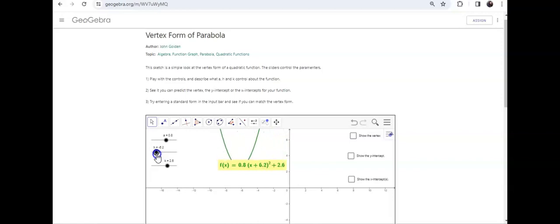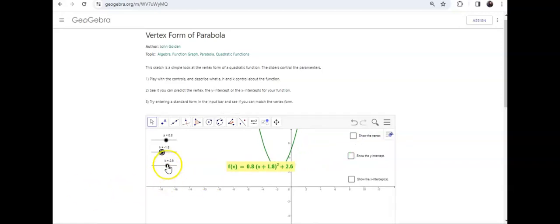The subtrahend in the binomial difference changes, and the graph moves. If h is positive, it moves right. If h is negative, it moves left. So h controls the x-coordinate of the vertex, and the movement from changes in the x-coordinate is right or left.